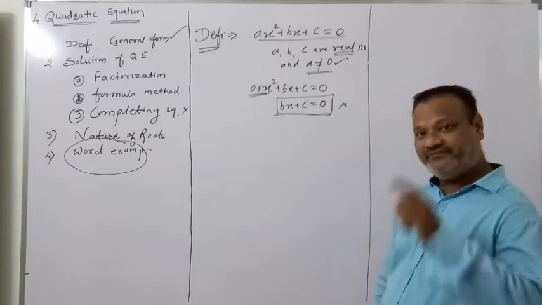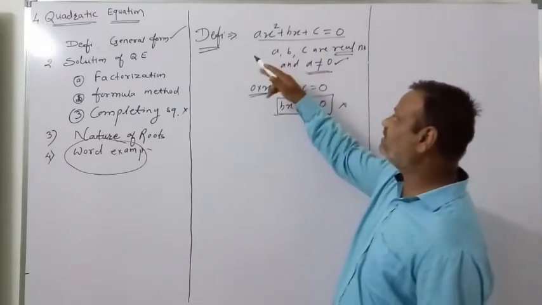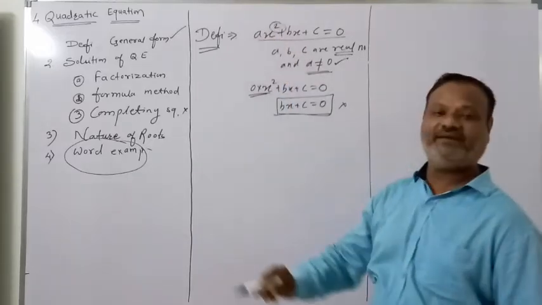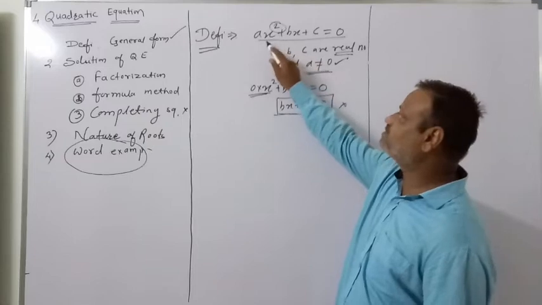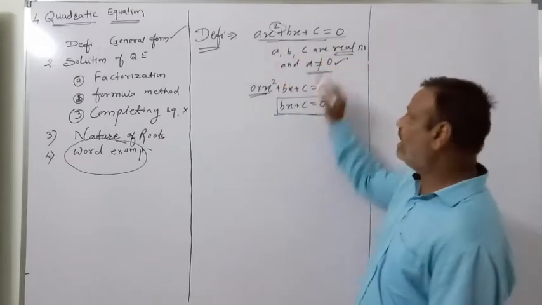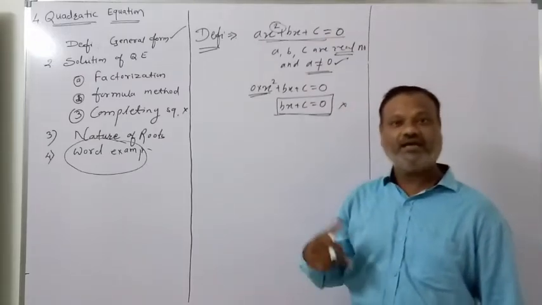We want a quadratic equation, so we must know that in an equation the highest power of the variable is 2. If the highest power of variable is 2, this is called a quadratic polynomial, and if I consider it equals to 0, this is considered a quadratic equation.